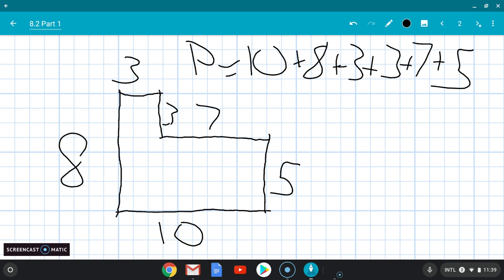You're going to get a perimeter of 36 units. Remember, they're not squared because it's not area, it's just perimeter. So if you walked around the outside of this shape, say this was the shape of somebody's living room and they had a little nook over here, you'd be walking 36 units, whatever that is, feet or yards or meters, and so on.